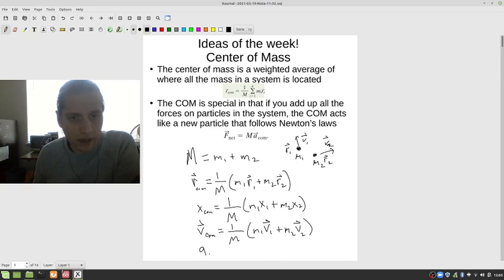So my A center of mass is going to be 1 over M times M1 A1 plus M2 A2.